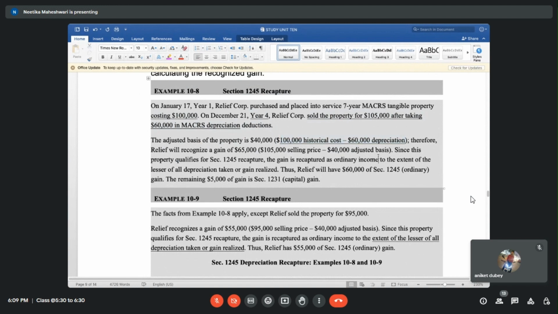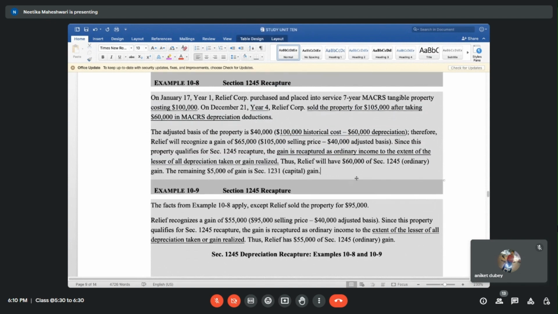Therefore, Relief will recognize a gain of $65,000, that is $105,000 selling price minus $40,000 adjusted basis. Since this property qualifies for section 1245 recapture, the gain is recaptured as ordinary income to the extent of the lesser of all depreciation taken or gain realized. Thus, Relief will have $60,000 of section 1245 ordinary gain. The remaining $5,000 of gain is section 1231 capital gain.